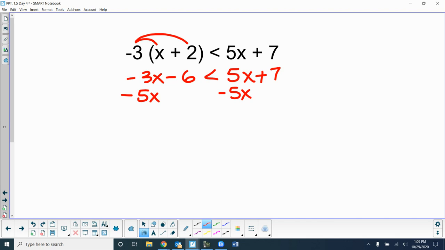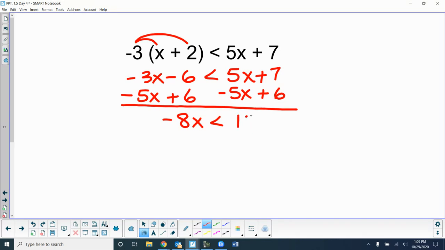I'm doing 2 steps here. I'm gonna take the 6 to the other side. So we get the constants together and the x's together. So I get -8x on the left, less than 13. And I'm gonna divide by -8. So what do I gotta remember? Flip my sign, right? Because I divided by a negative.